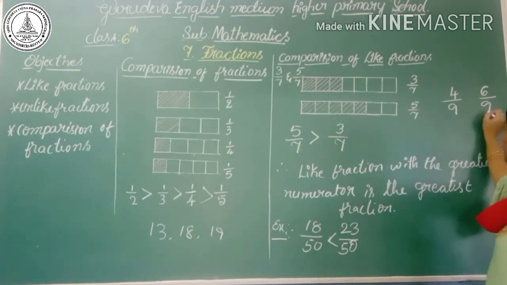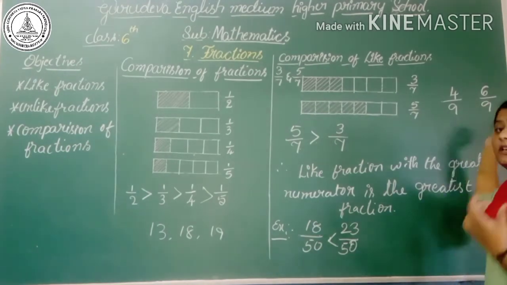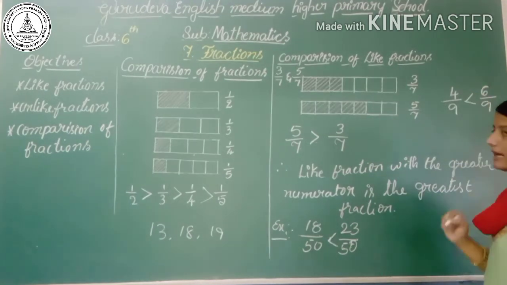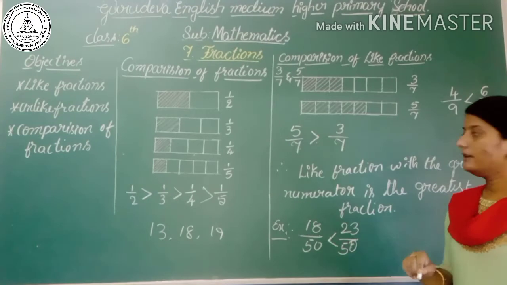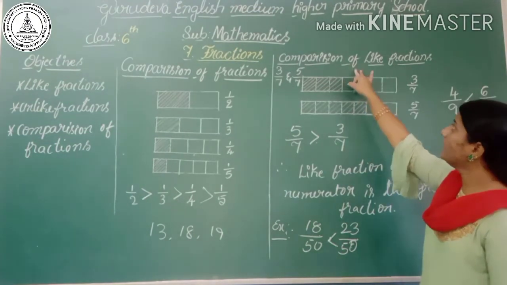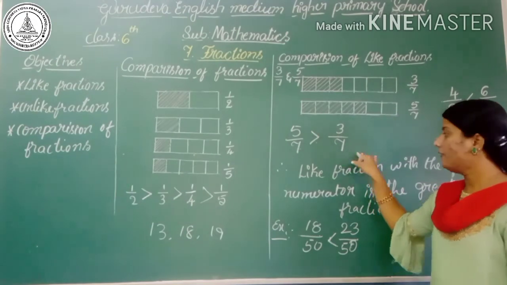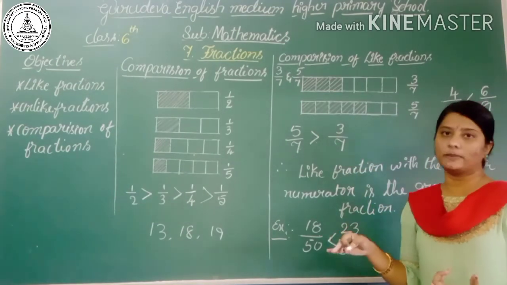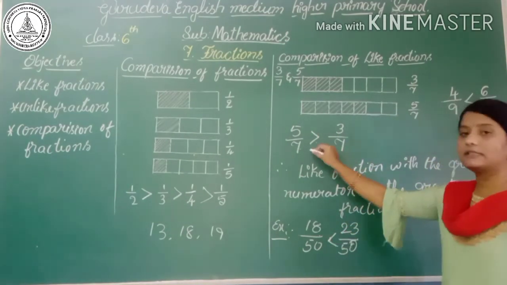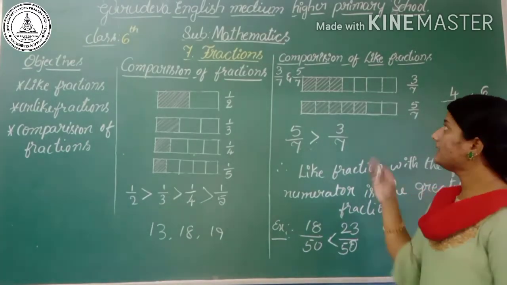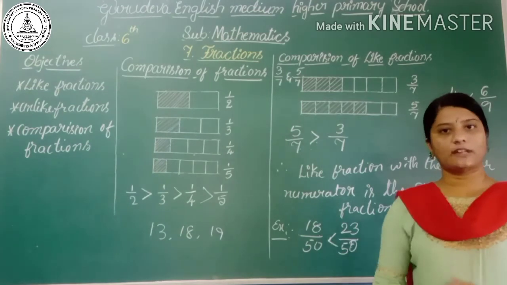So in like fractions, the fraction having the greater numerator is the greater fraction. How can we compare like fractions? If the fractions are like fractions, the fraction with the greater numerator is greater than the other fraction. Then let's see the comparison of unlike fractions.